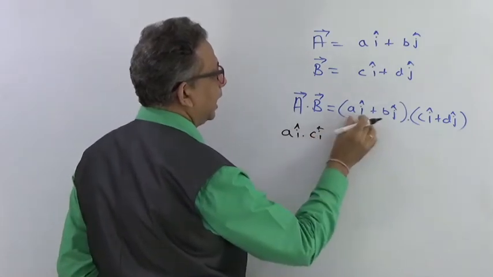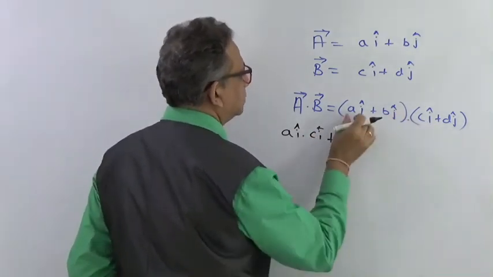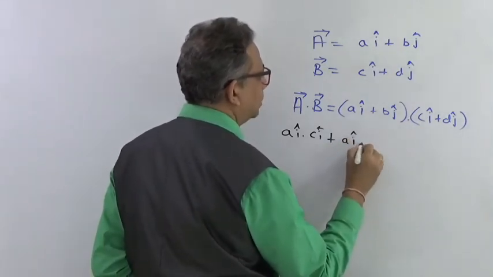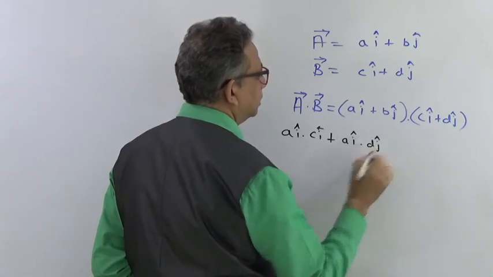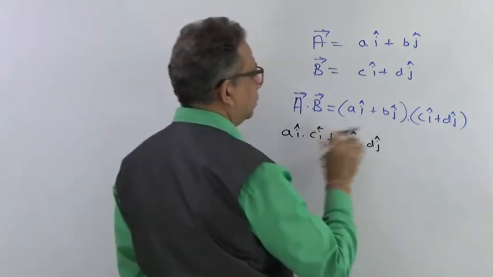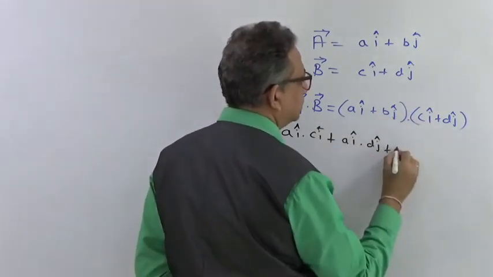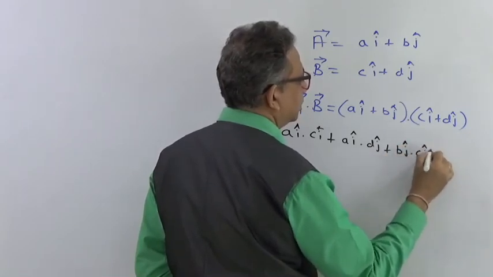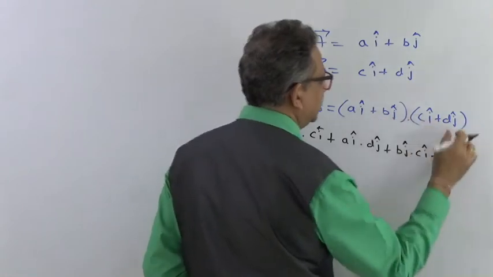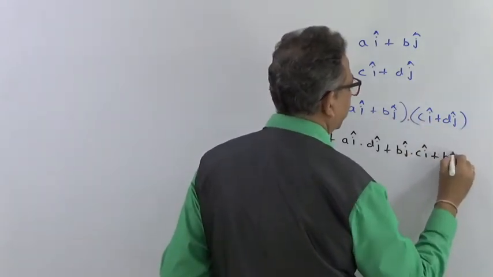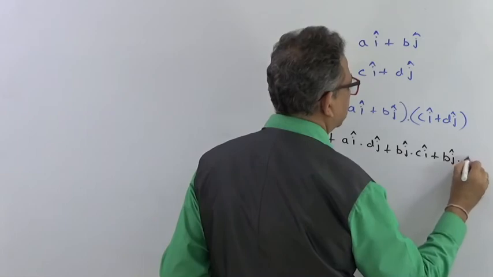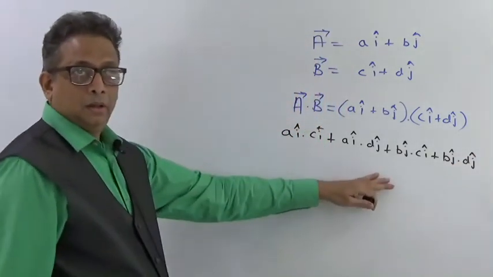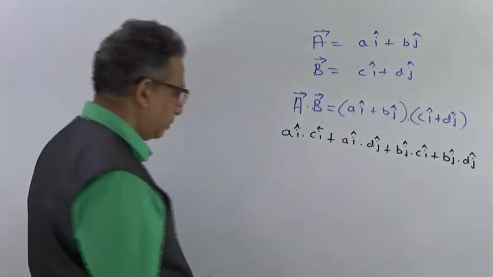So I have multiplied A I cap with C I cap, plus this with this, that is A I cap dot D j cap, right? Now this with this, that is B j cap dot C I cap. Now this with this, that will be B j cap dot D j cap. Is this part clear?